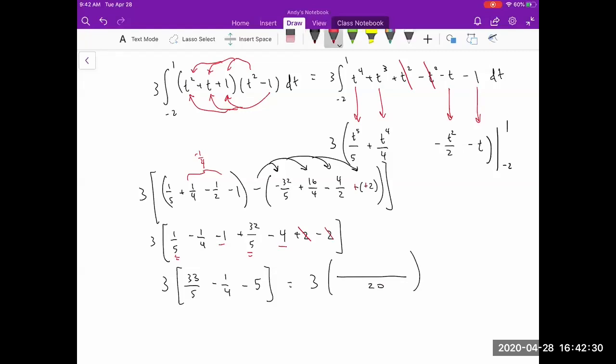So I'm finding the common denominator, multiplying this top and bottom by 4, this top and bottom by 5, and this is 5 over 1, multiply top and bottom by 20. And what we'll end up getting is 33 times 4 is, I think, 132. You can check me on that, but I think that's right. Minus 5 times 20 is 100.